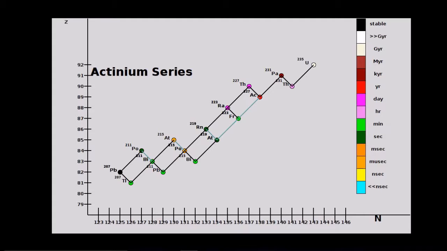Notice once again there are branches at actinium-227, francium-223, astatine-219, and so on. This indicates that both beta decay and alpha decay can occur. The actinium series ends in lead-207, another stable isotope of lead.